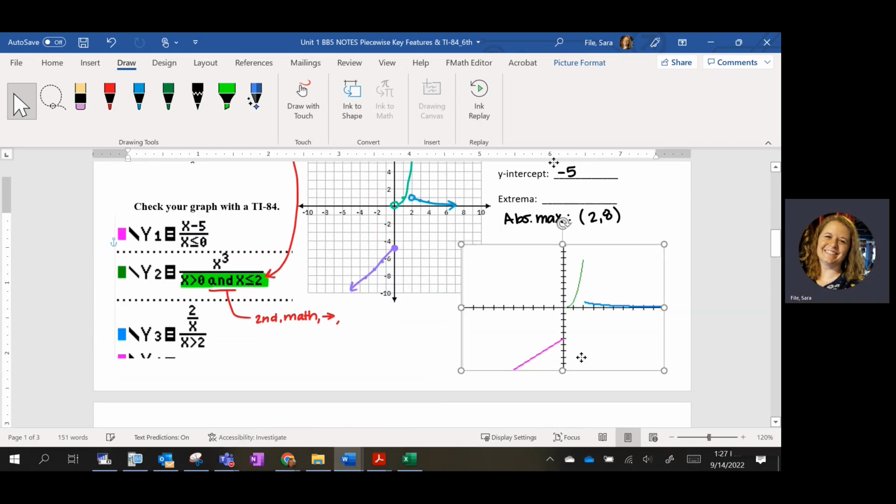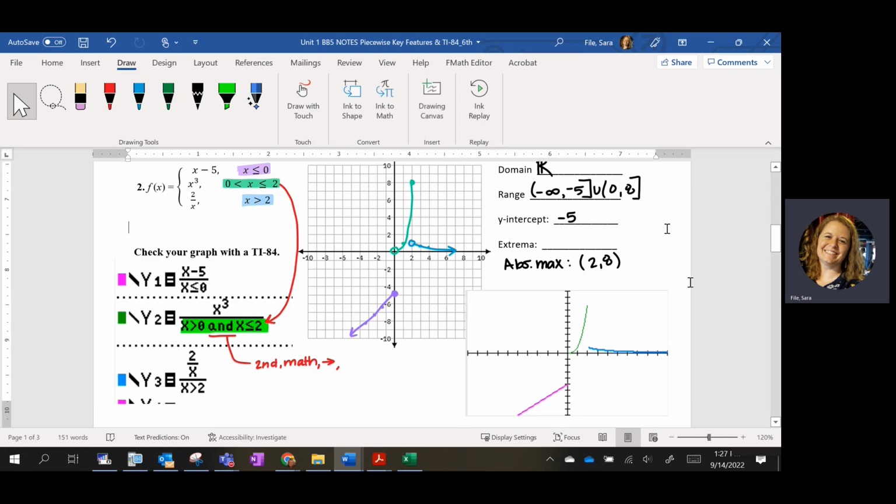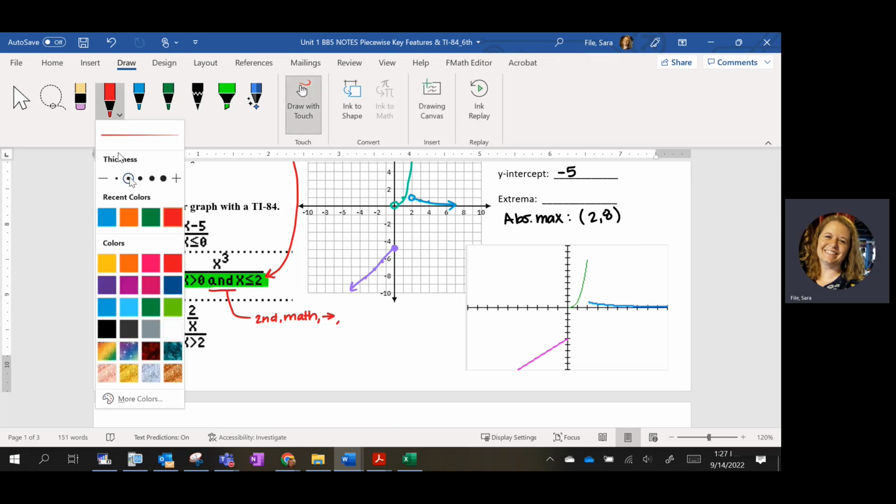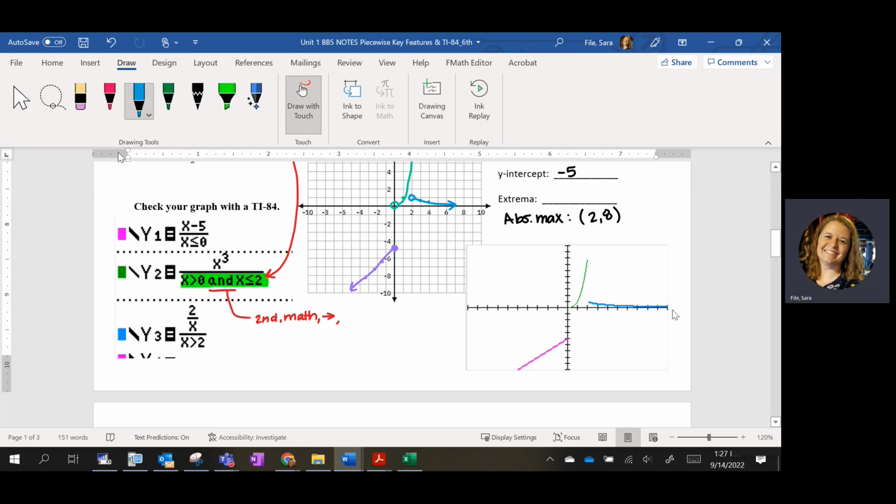Okay, finally. All right, so you can see in the calculator what we got is very comparable to what we drew. The only difference being those open or closed circles. So at the end of the blue curve, you can add the arrow and you can add the open circle.